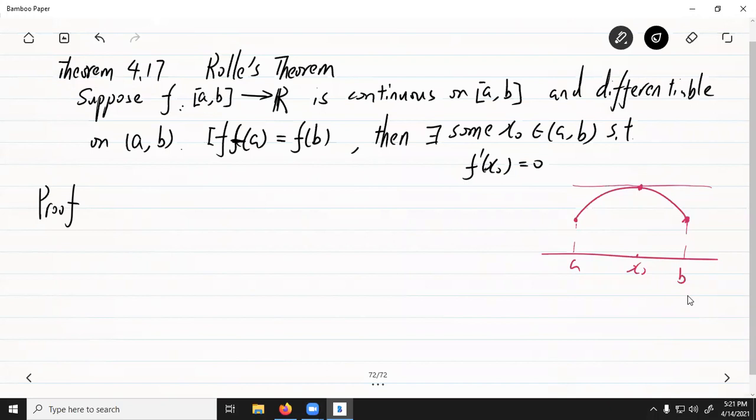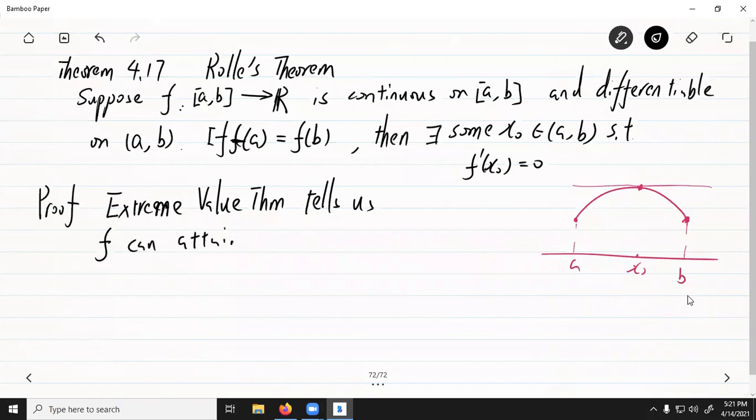So this is by the extreme value theorem, which tells us f can attain its maximum and minimum on this interval AB, closed interval AB. Okay, so now let's look at the different cases.